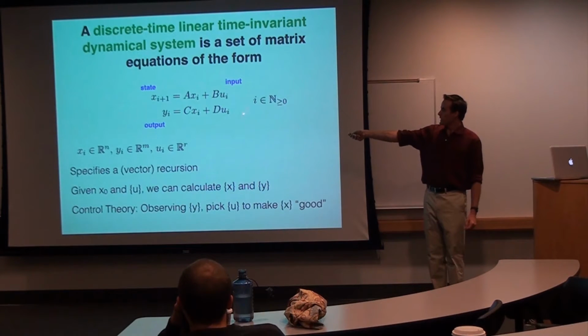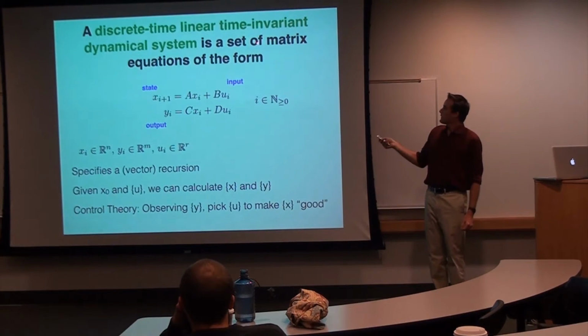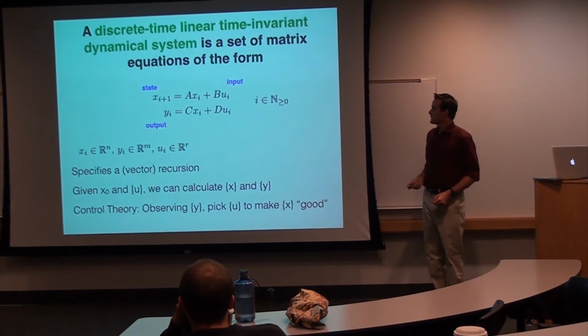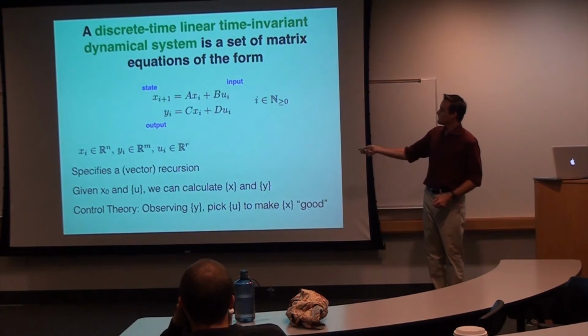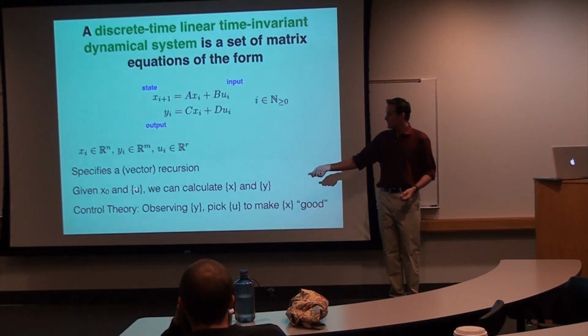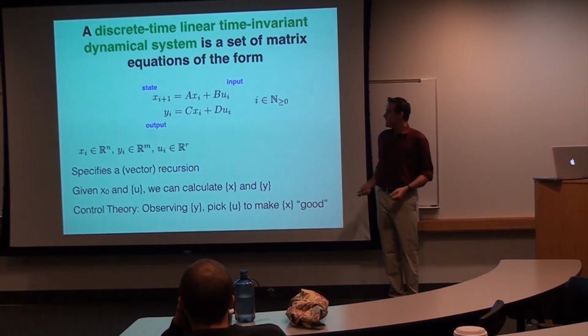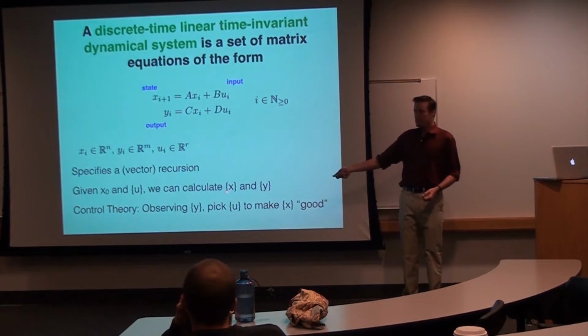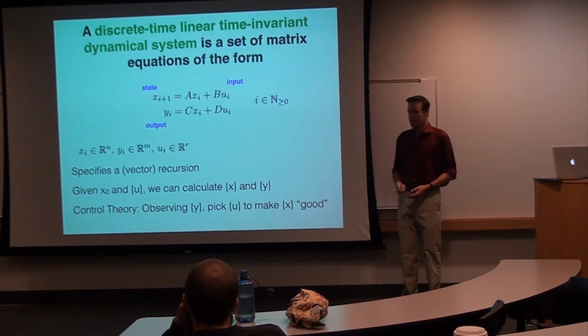They're linear because the right-hand sides are linear in x and u. They're time invariant because A, B, C, D are not functions of i. They're just fixed known matrices. These equations specify a vector recursion in x. If you're given some initial condition and some sequence of inputs u, you can calculate the sequence of states x and the sequence of outputs y.